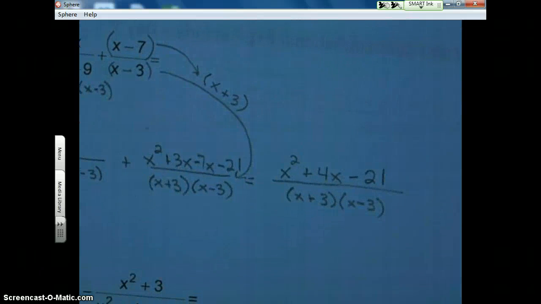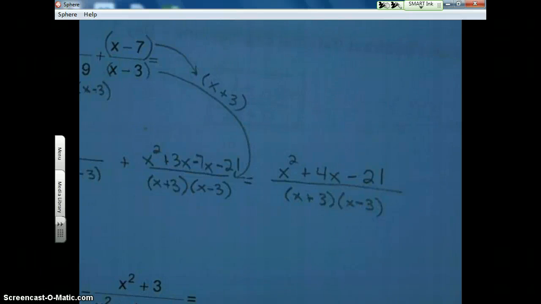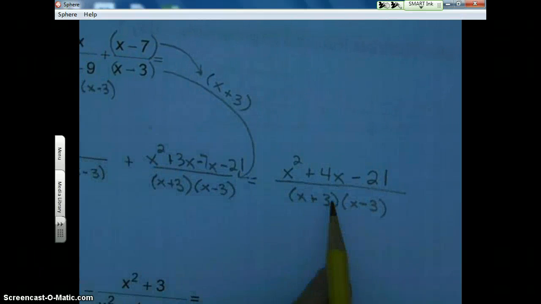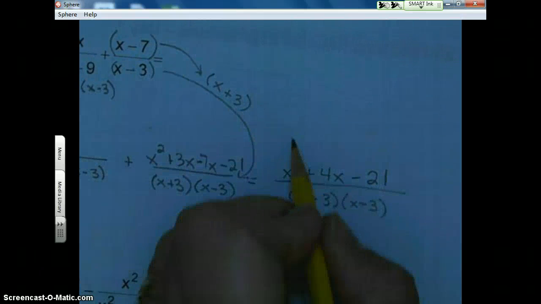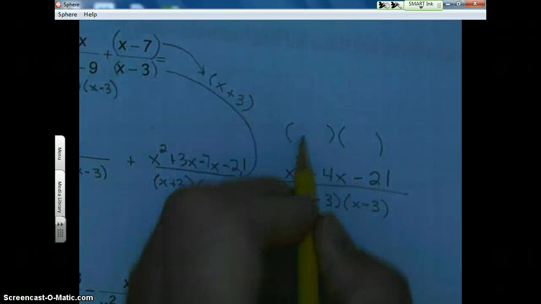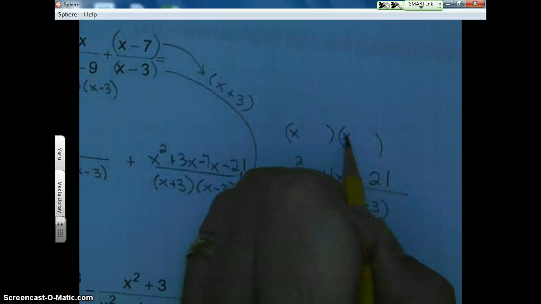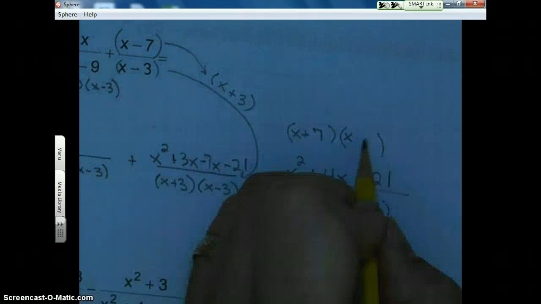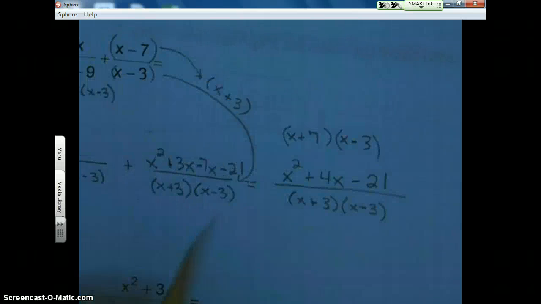Okay, now this is where you're going to get real happy real fast, because now we're going to actually have to start simplifying our answers a little bit here. So we've added the two expressions together, but if you use the x factor, this will factor to x plus 7 and x minus 3.